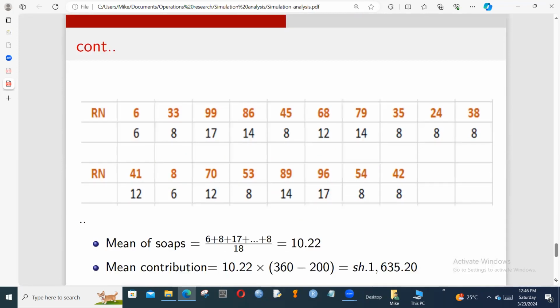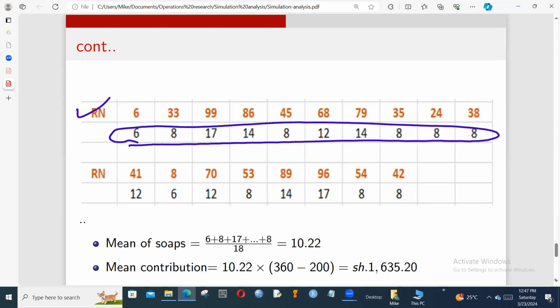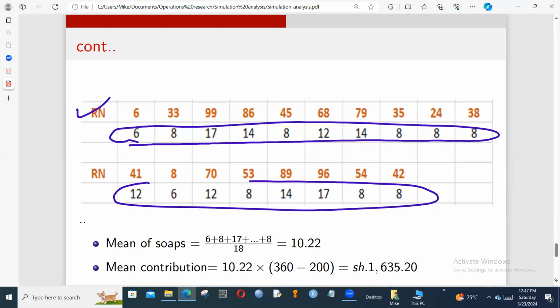So I've created that, though I didn't create a column, but those 6, 8, 17, these are the figures we are adding. When we add all this and divide by 18 of them, there are 18 random numbers, it gives you 10.22 as the mean number of SOPs bought.